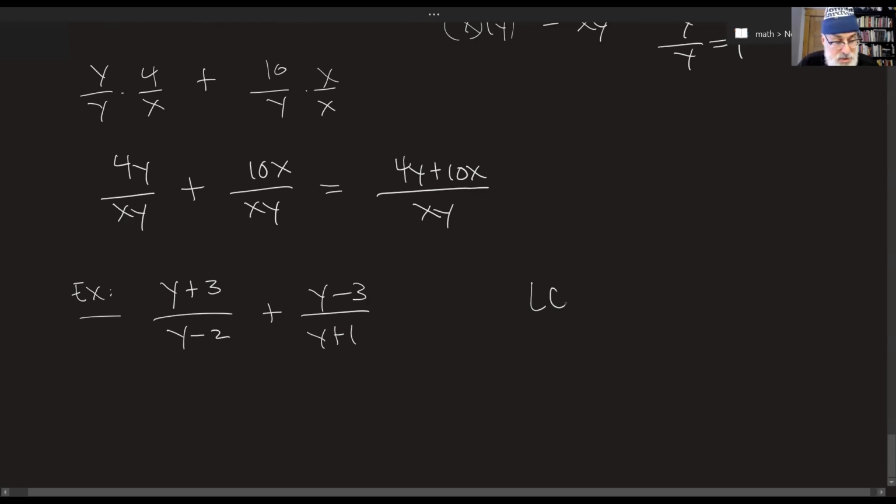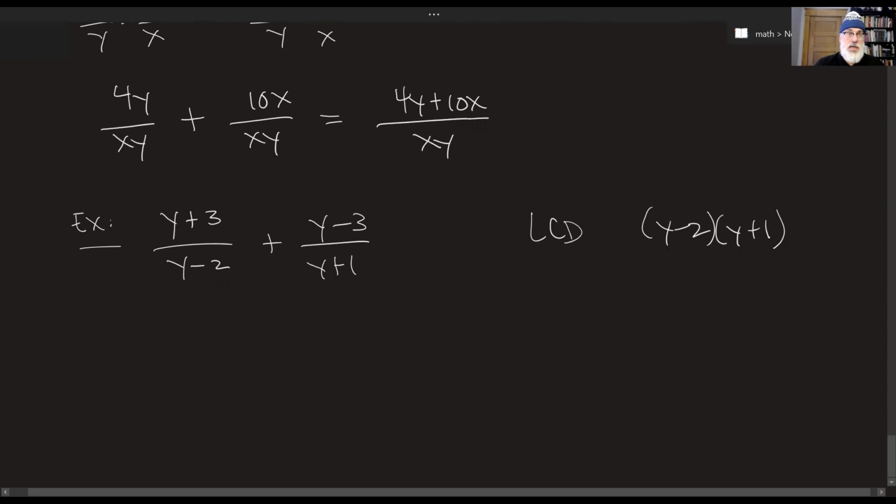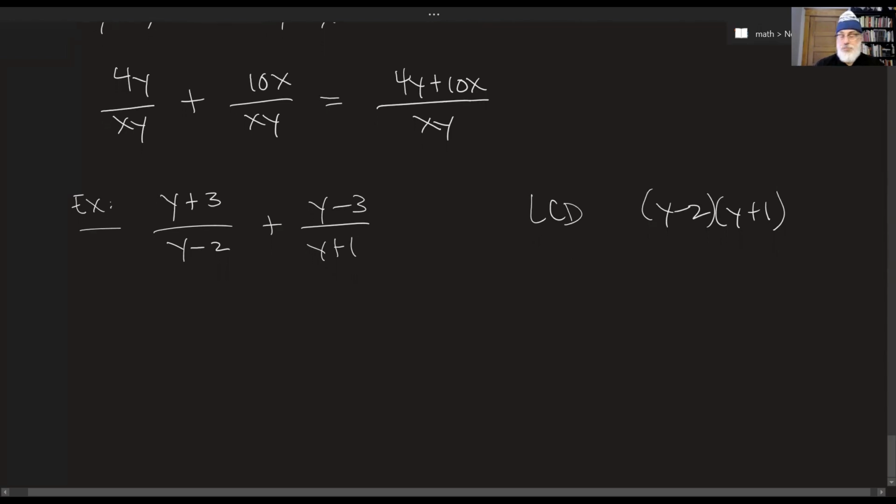So the least common denominator in this case will also be the multiplication of y minus 2 and y plus 1. Just like our xy case, just like in the 1/2 and 3/7 case, we're just multiplying the denominators. This will always work. It's advantageous to find the least common denominator because it will save you canceling in the result, but canceling is much easier, I think, than fussing around with the common denominators. But that's a choice, I suppose.